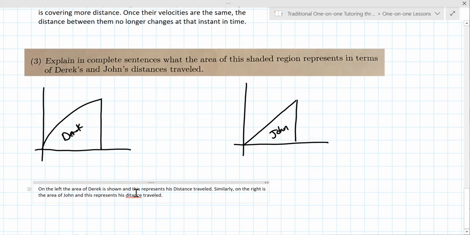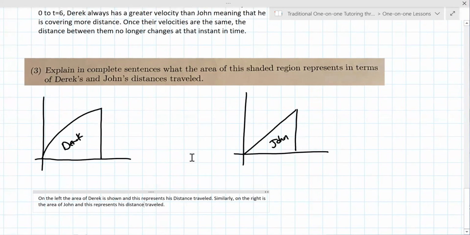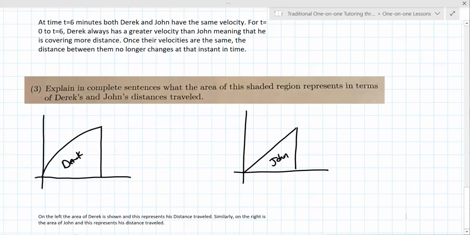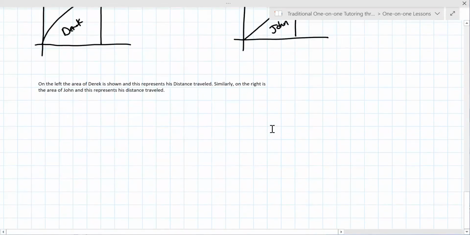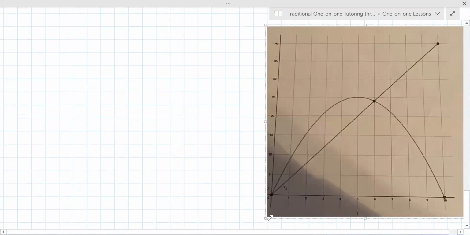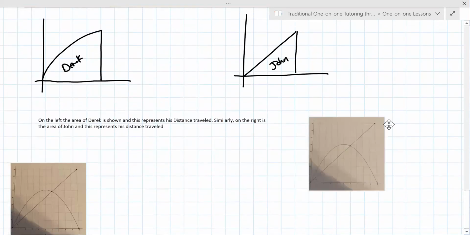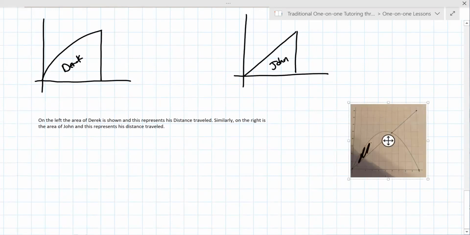So the shaded region, which is referring to this back here, is what you need to show in part 3. Let me make it a little smaller, but you want to show this with the shading over here.